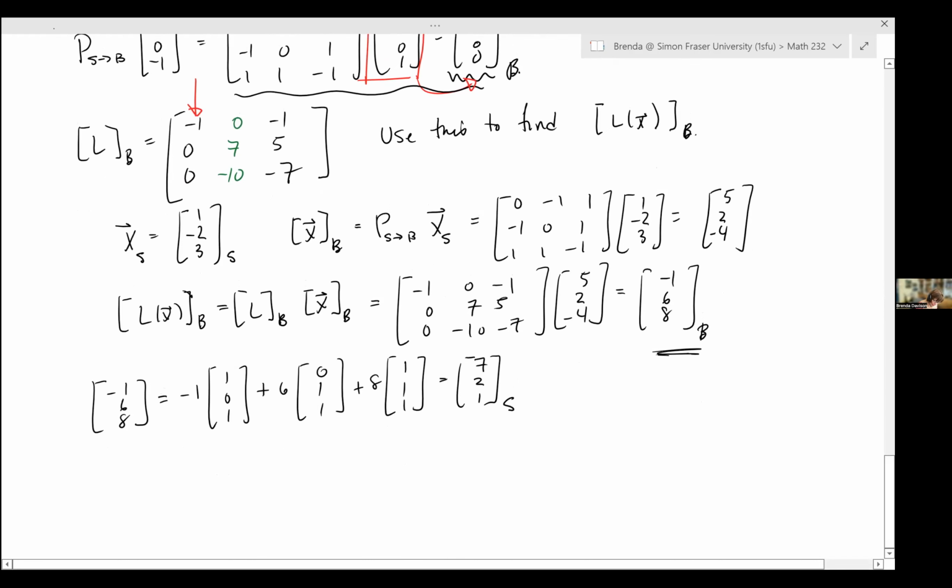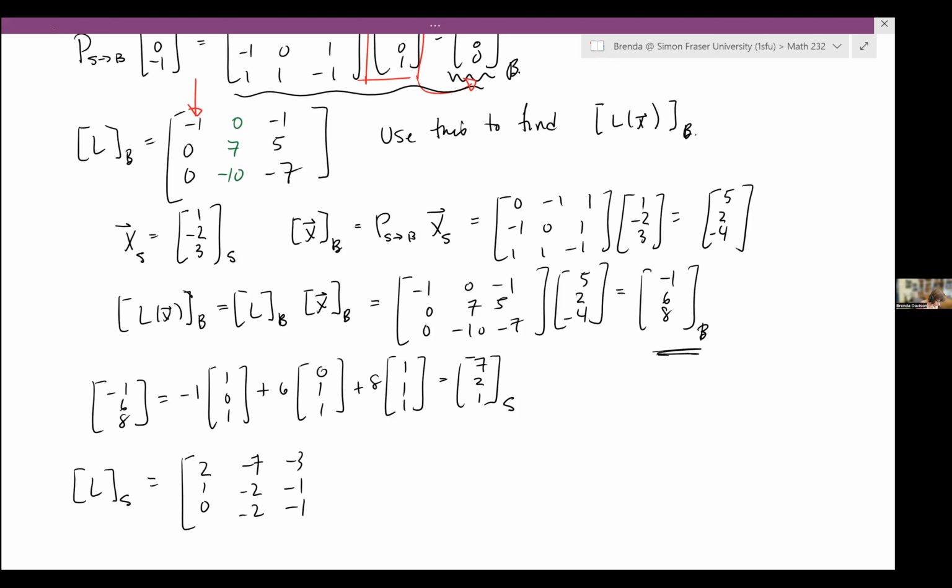We have already said what L relative to S is. That was this thing here: 2, 1, 0, minus 7, minus 2, minus 2, and minus 3, minus 1, minus 1.